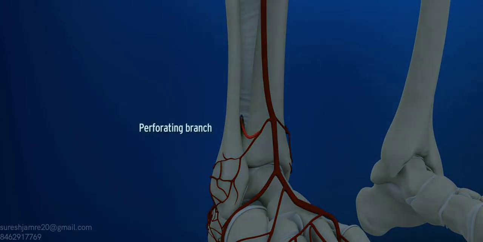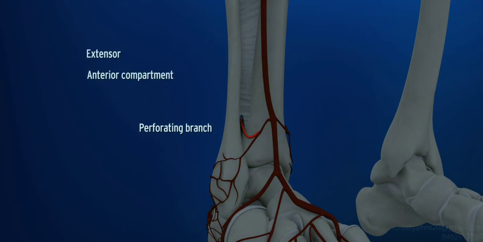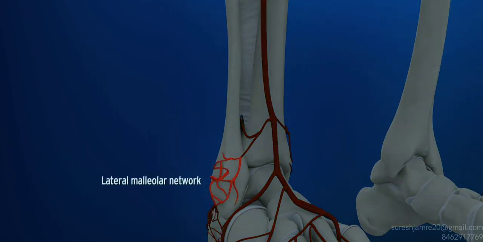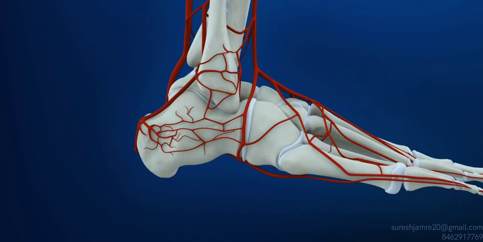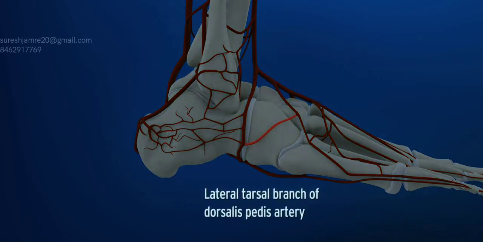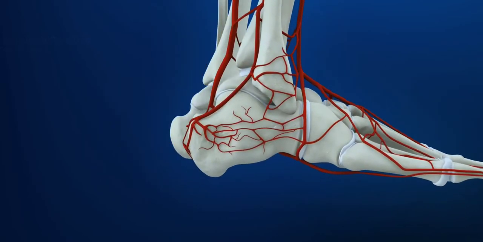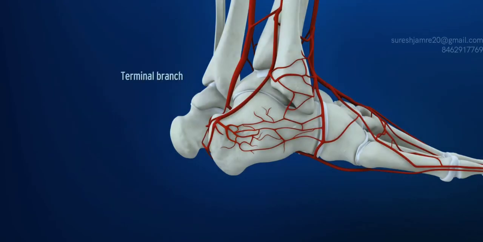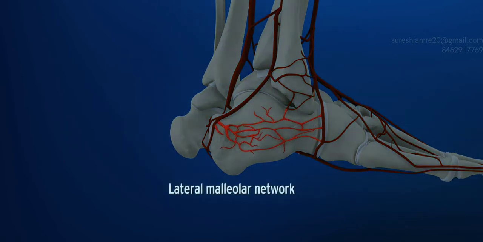It pierces the interosseous membrane, appears in the extensor or anterior compartment, and forms the lateral malleolar network by anastomosing with the lateral malleolar branch of anterior tibial artery and lateral tarsal branch of dorsalis pedis artery. Lateral calcaneal artery. It is the terminal branch. It contributes to the lateral malleolar network.